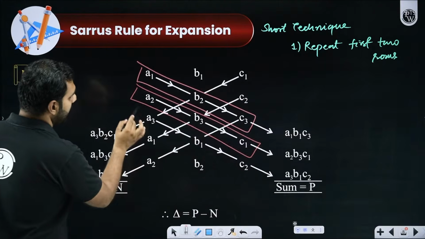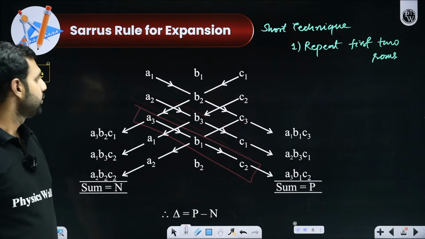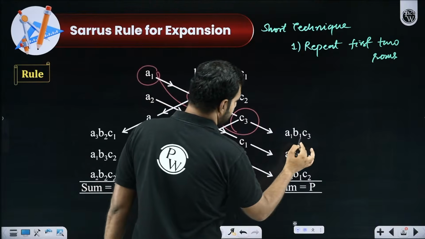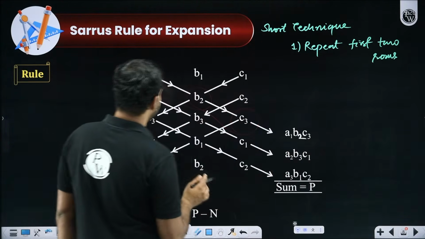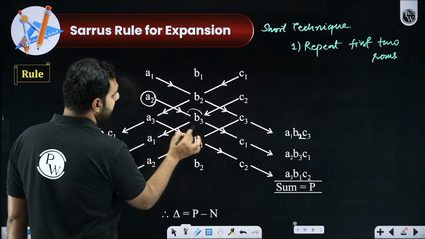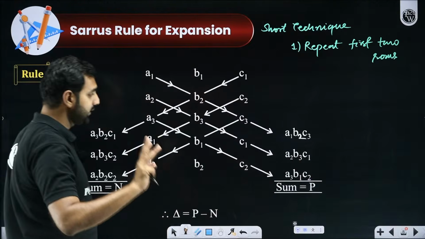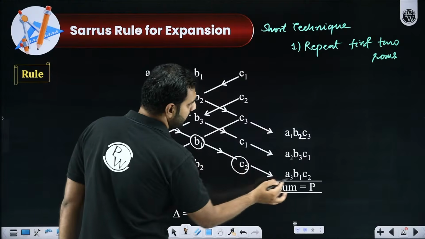And then I'll multiply A3, B1, C2. Yes or no? So this product A1, B2, C3, I'll write here. Then this product A2, B3, C1, I'll write here. And the third product, A3, B1, C2, I'll write here.